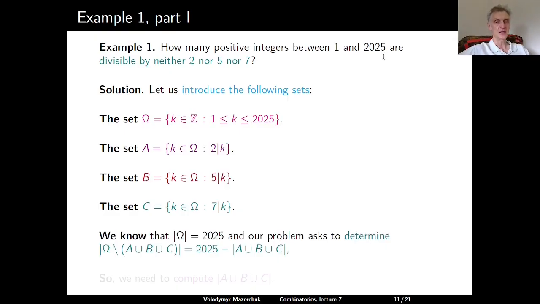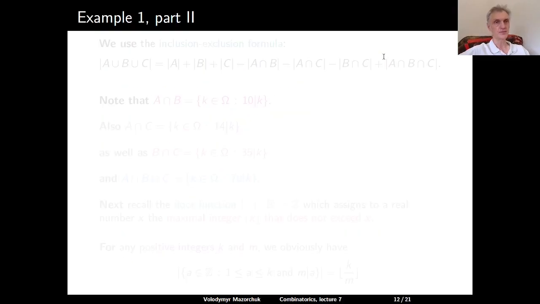We know that the cardinality of omega is 2025, and our problem asks to determine the cardinality of omega minus the union of A, B, and C. And this, of course, gives us 2025 minus the cardinality of the union of A, B, and C. So we need to compute the cardinality of the union of A, B, and C, and we can do this using the inclusion-exclusion formula.